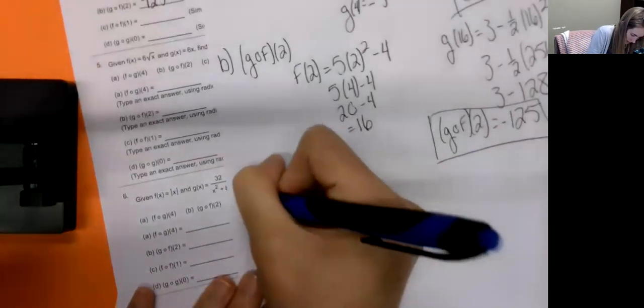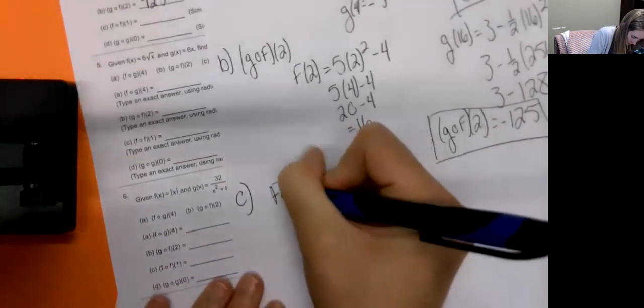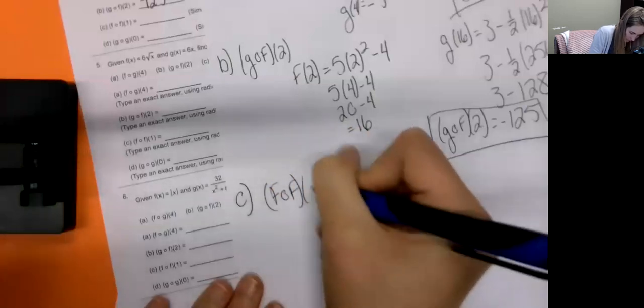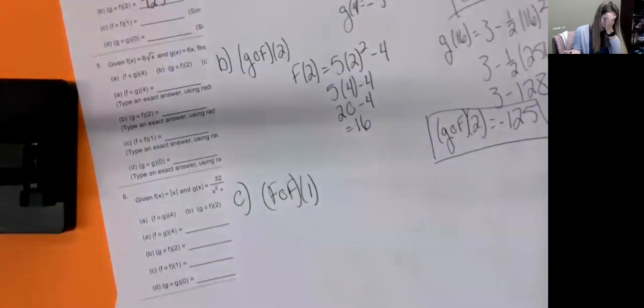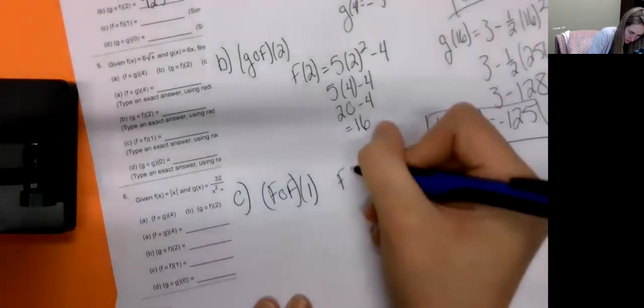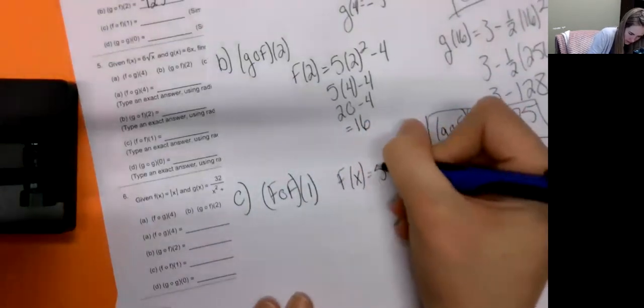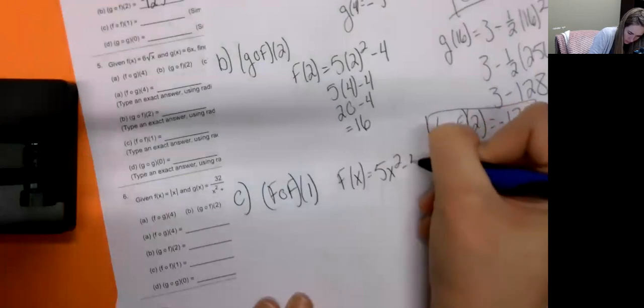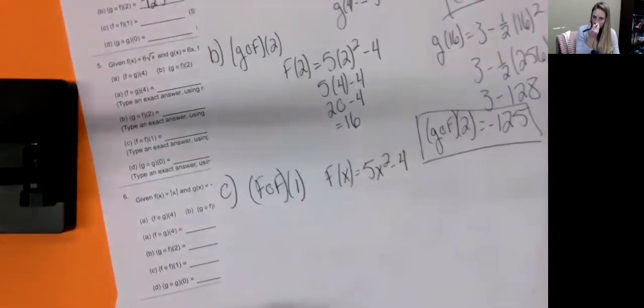I might run out of room. C is f composite f of 1. So we're going to substitute 1 into, I can't see that anymore, so I'm going to rewrite it. The f function, 5x squared subtract 4.